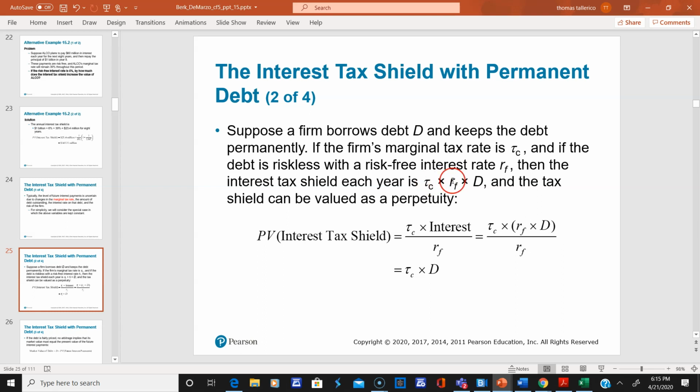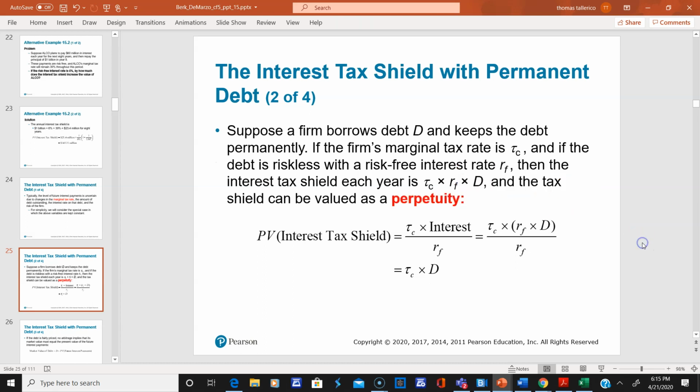The corporate tax rate times the risk-free rate times the debt. And the tax shield can be valued as a perpetuity. So we've got three numbers here. As you notice, it's forever, so we're going to make this a perpetuity.